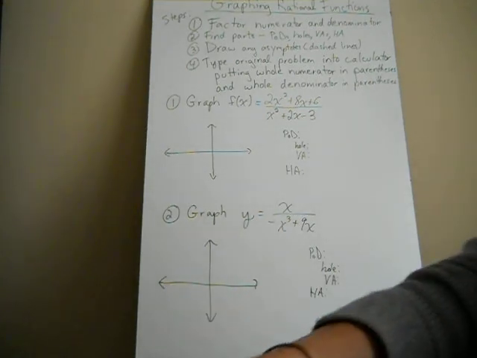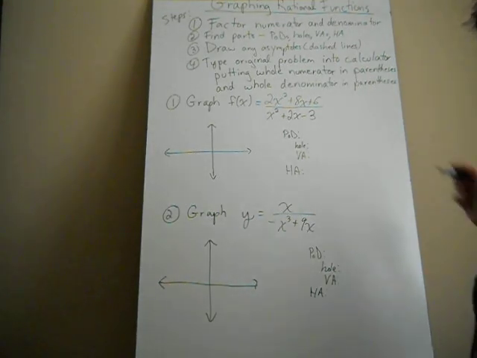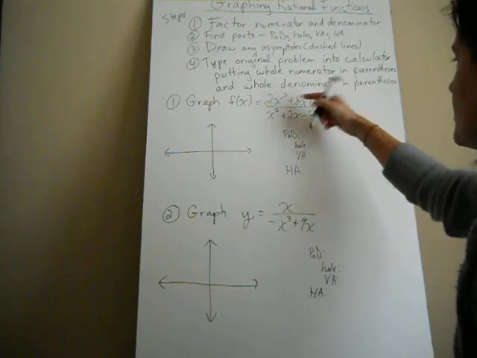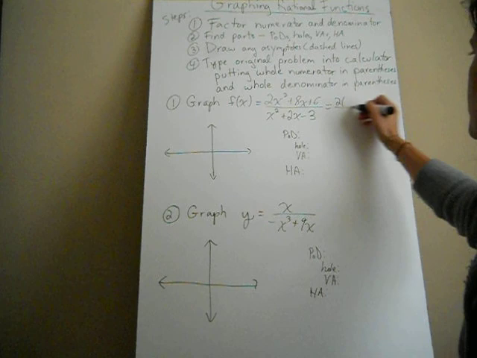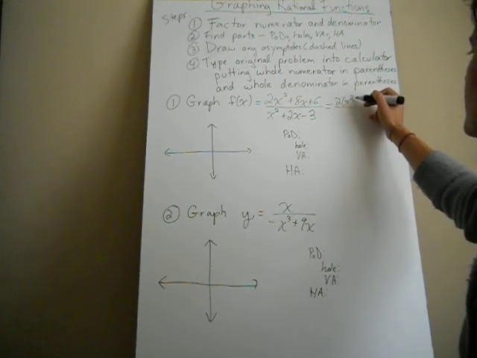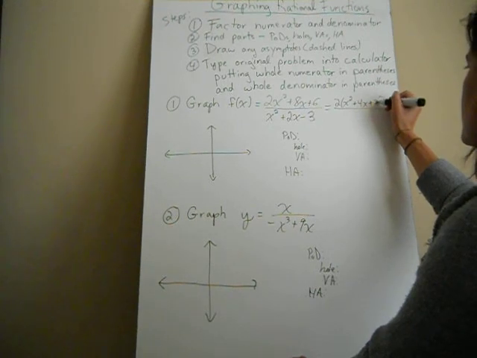Okay, so starting with number 1, if you're trying to find the points of discontinuity, what you need to do first is factor everything. So this has a GCF of 2. When you take that out, you're left with x squared plus 4x plus 3.